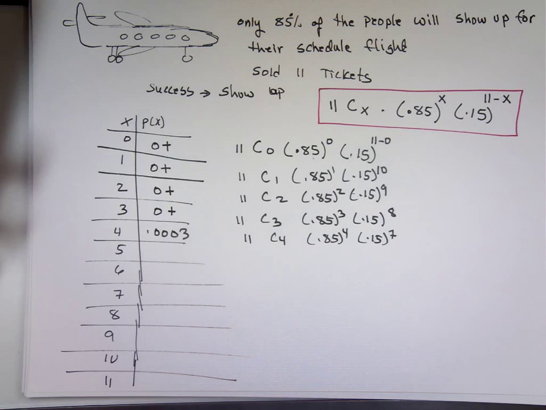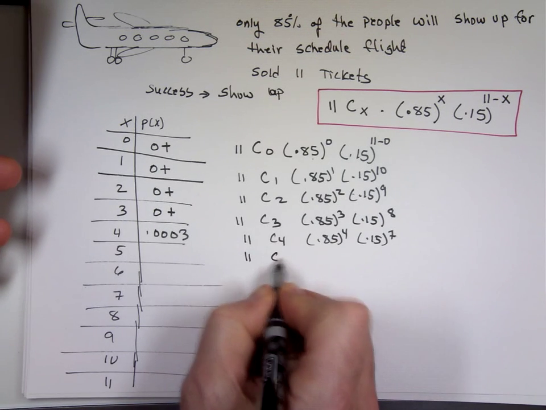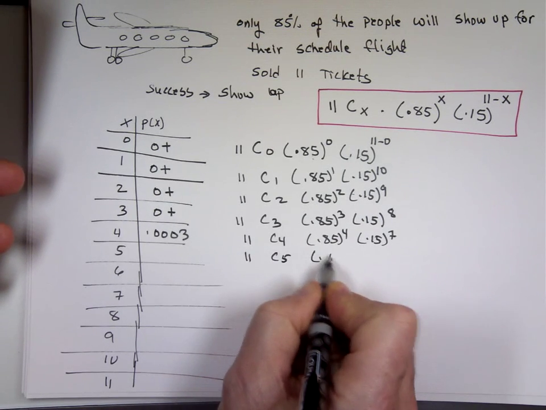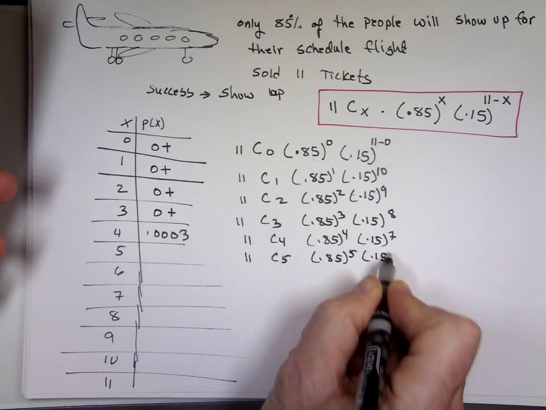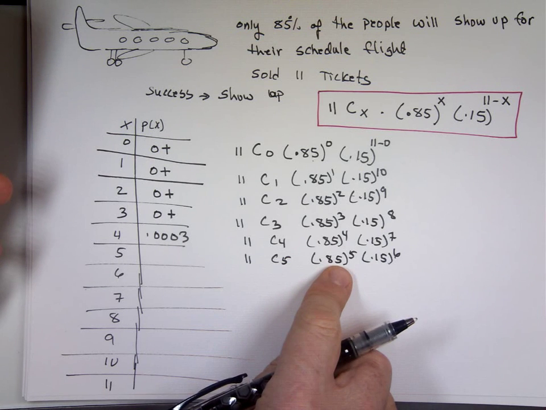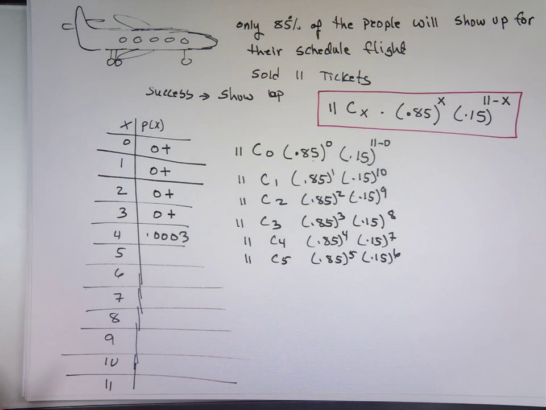X is 5. Only 5 will show up. Notice we always increase this by 1 and decrease this by 1. 0.0023.